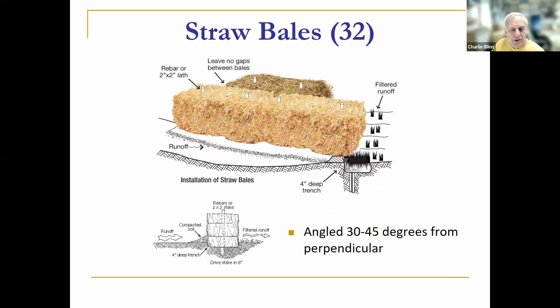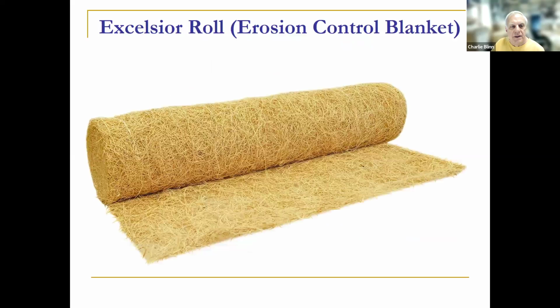Might use straw bales. And so put straw bales on that 30 to 45 degree angle across the road, stake them in the ground, and then compact the soil on the upslope side so that the water will hit that and then divert into that lead-off ditch. And then Excelsior rolls, which are also talked about in the guidebook. It's just a natural wood blanket.